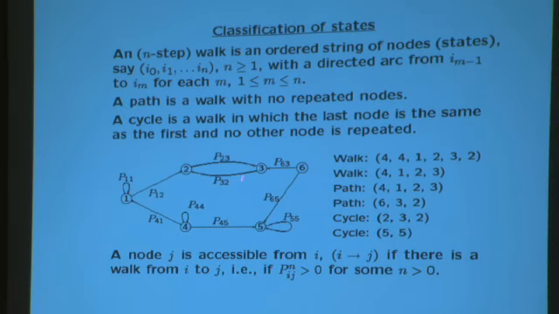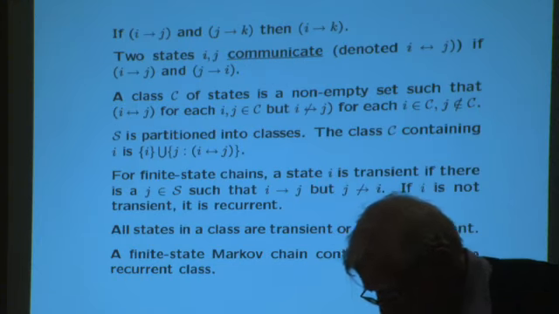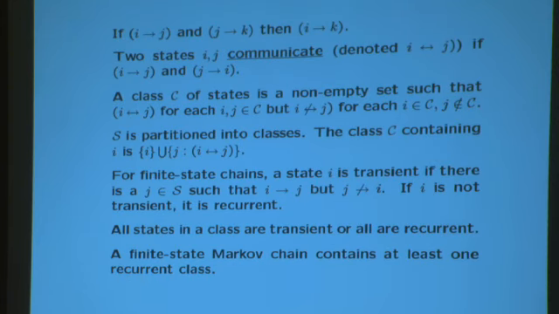And it doesn't make any difference for the cycle 2, 3, 2 whether you call it 2, 3, 2 or 3, 2, 3. It's the same cycle, and it's not even worth distinguishing between those two ideas. Okay, so that's that.